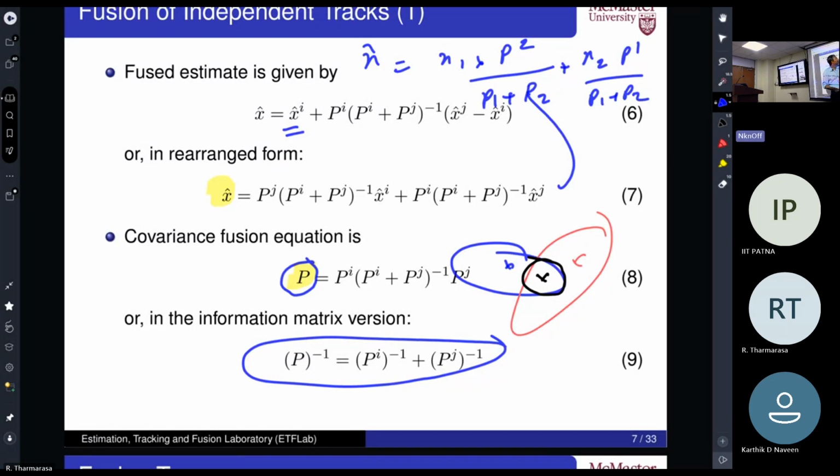You see that the denominator is the same. For x1, we have p2, for x2, we have p1. So if the covariance of x1 is larger, we give more weight to x2. If the covariance of x2 is larger, then we give more weight to x1. Okay, that is what we do.